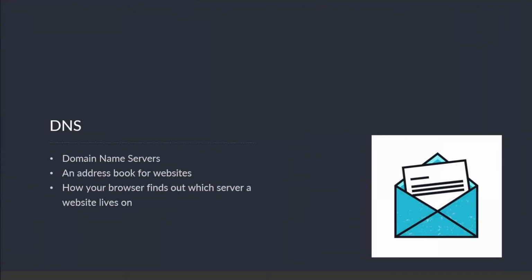The next thing that we have to deal with is our DNS. What's interesting about our DNS, or domain name server, is that it's kind of like an address book for websites.